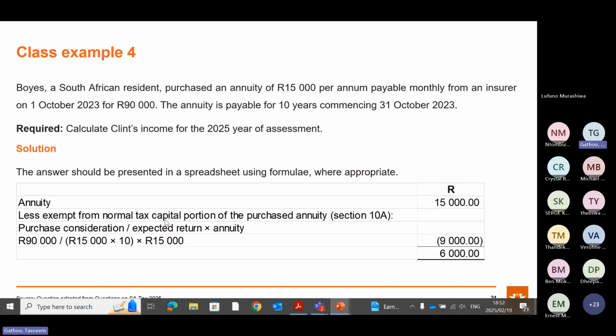So your full annuity of what you're going to get in that year of assessment, which is 15,000 Rand, is included in your gross income, less the exempt from normal tax portion in terms of section 10 cap A. The formula says your purchase consideration divided by your expected return over the full lifetime of the annuity, multiplied by 15,000. That gives you an exemption of 9,000. Your gross income less your exempt income gives you income of 6,000. Any questions, guys?